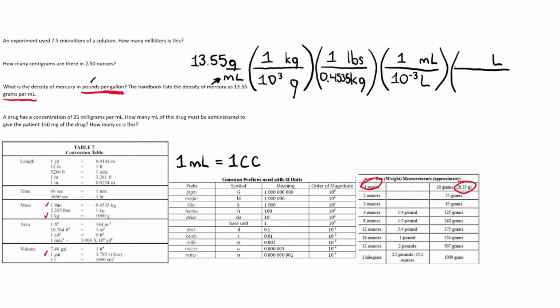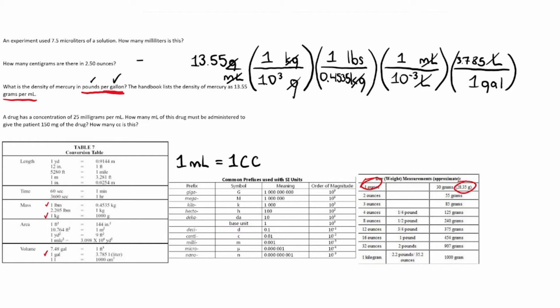For every 1 gallon, you get 3.785 liters. Now we should be in the correct units. Let's cancel out the units and see. We can cancel out grams, we can cancel out kilograms, leaving us in pounds. That's what we want. We can cancel out milliliters, and that converted us into liters. We can cancel out liters, leaving us in gallons, and that's what we wanted. So we're in the correct units.